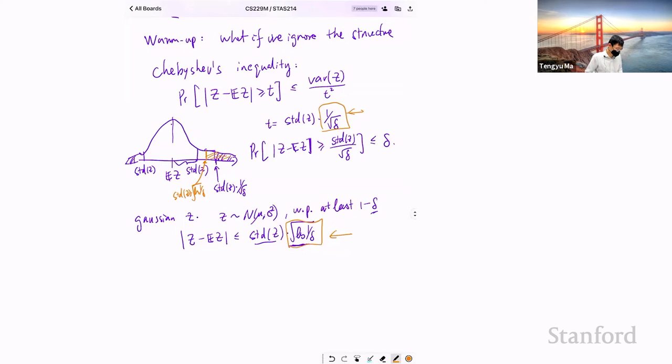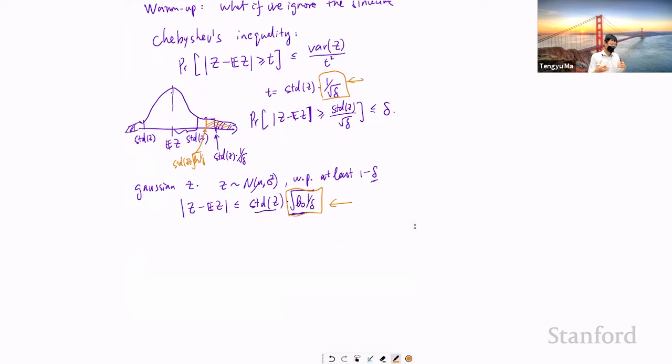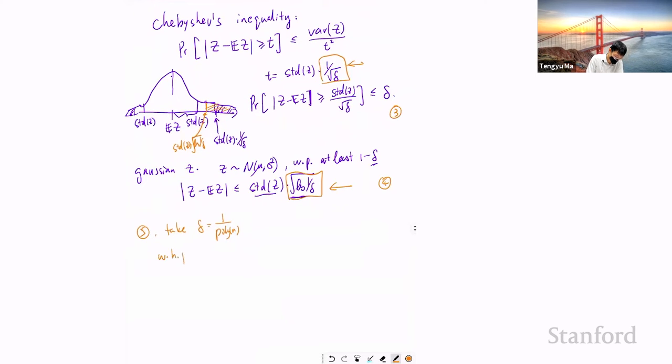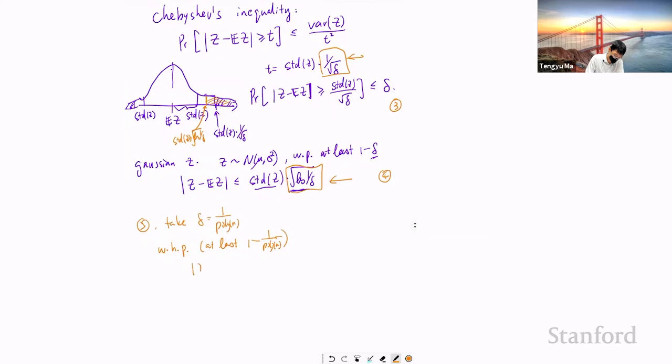And also, if you look more carefully at the consequences of these two inequalities, let's call this number 3 and this number 4. If you have number 3, and you take delta to be something like inverse poly n, then you know that with high probability, at least 1 minus 1 over poly n, z minus expectation z is less than standard deviation of z times square root of log n.